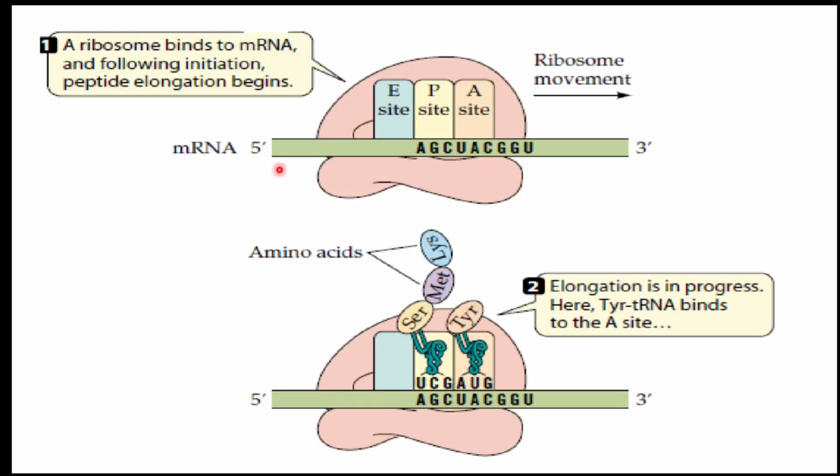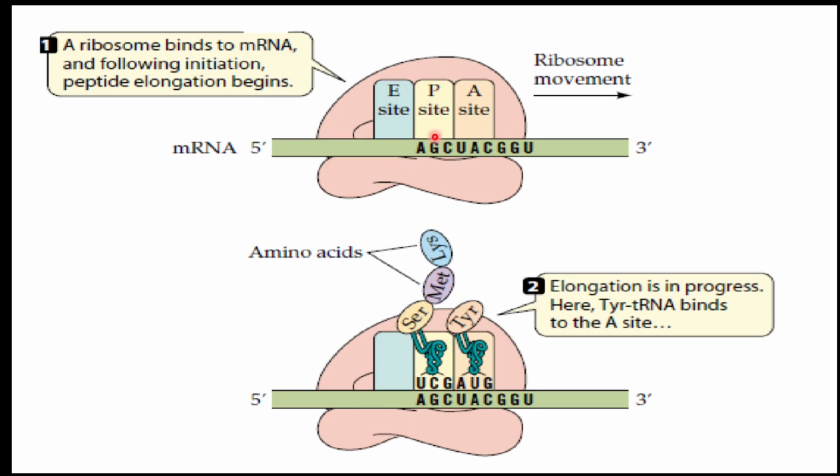So this is what I was talking about. We have the A site, which is the acceptor site. We have the P site, the peptidyl site, and we have the E site. The first transfer RNA, which is carrying methionine, is going to come and sit in this site.